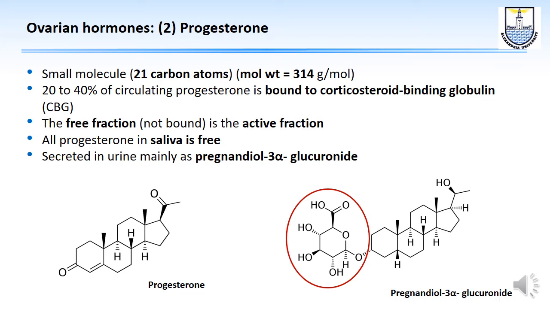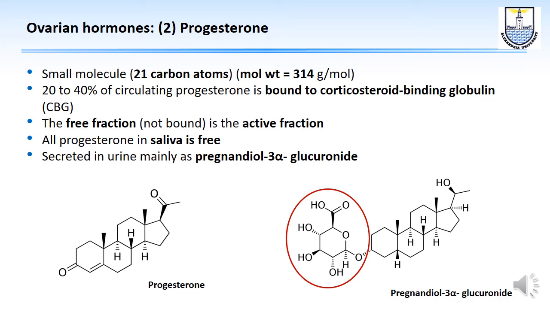So this is pregnanediol 3-alpha glucuronide, which is the metabolite of progesterone. So we either measure progesterone in the blood or pregnanediol 3-alpha glucuronide in urine. And again, 20 to 40% of this progesterone is carried by another protein, the corticosteroid binding globulin.